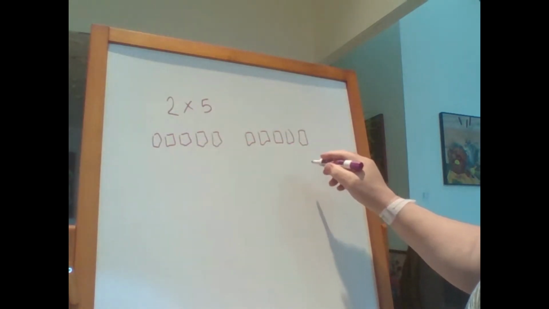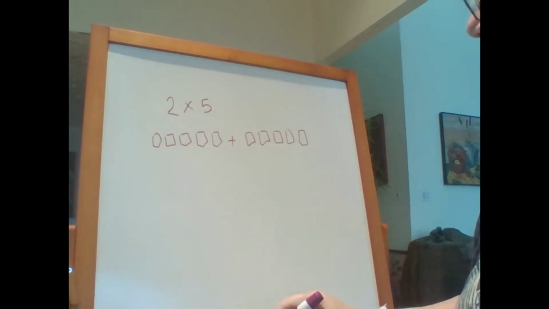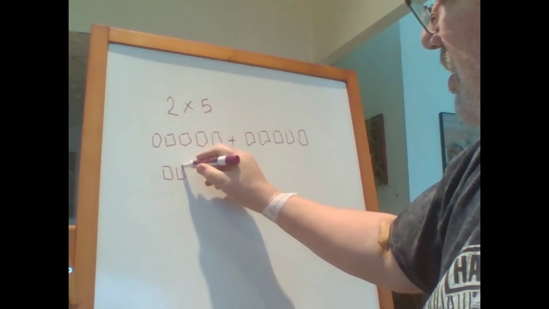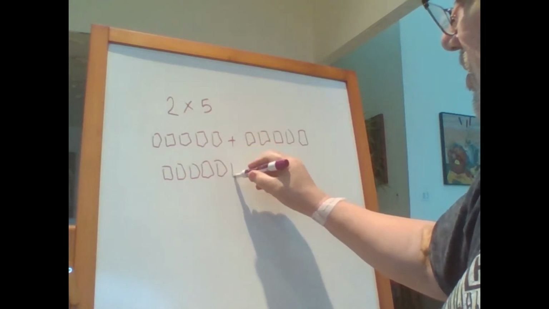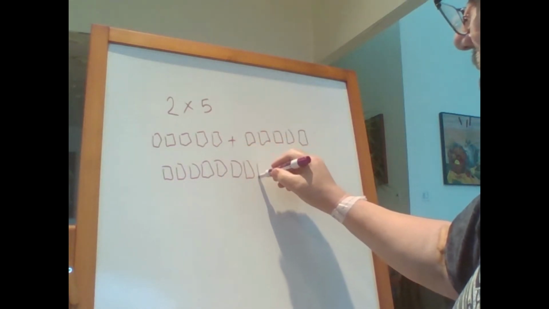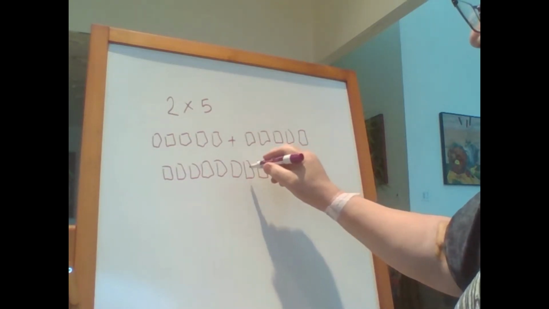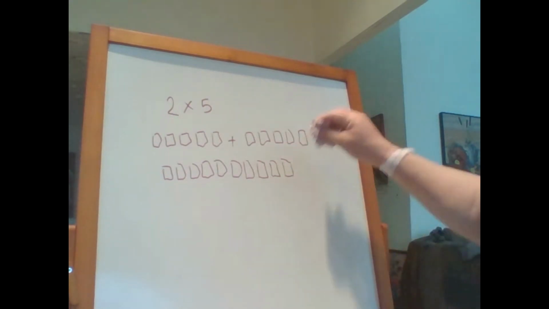And when we add them together, we have 10. So 2 times 5 is 10. Counting 2, 3, 4, 5, 6, 7, 8, 9, 10. So basically, it's a shortened way of adding by groups.